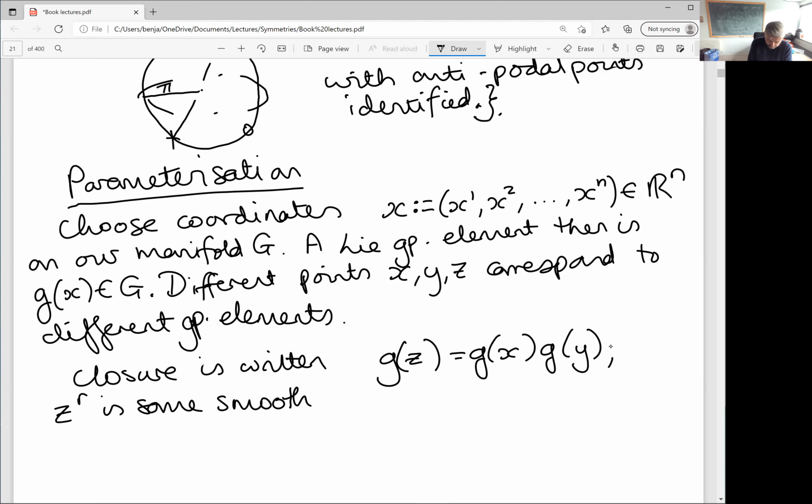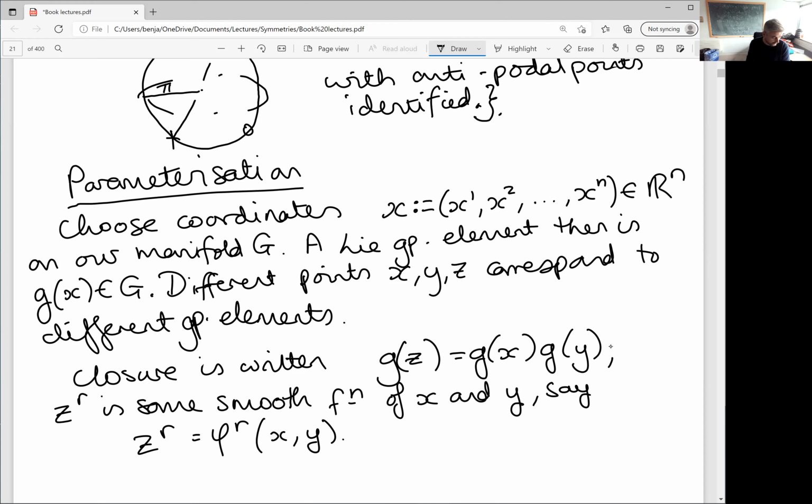So the rth component of z is some smooth function of x and y. Let's call this phi. So phi has r components as well, and it's a function of the coordinates of x and y.